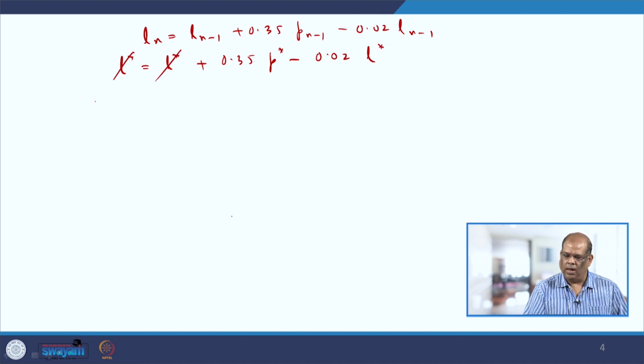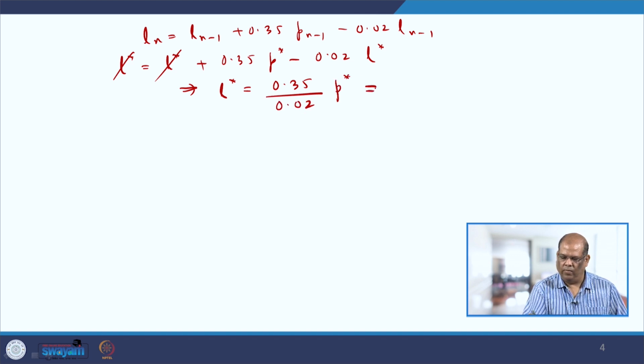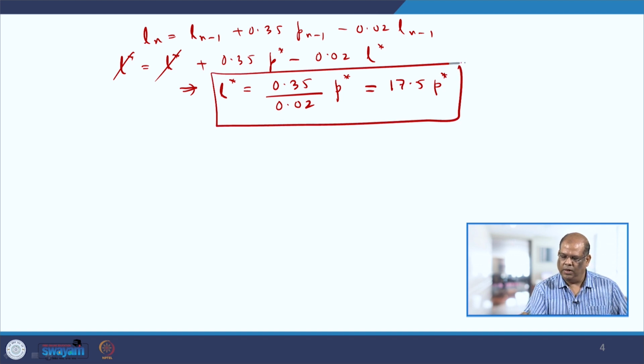So this and this cancels, and this gives me L star equal to 0.35 divided by 0.02 P star. So this will give me 17.5 P star. So I get L in terms of P star.